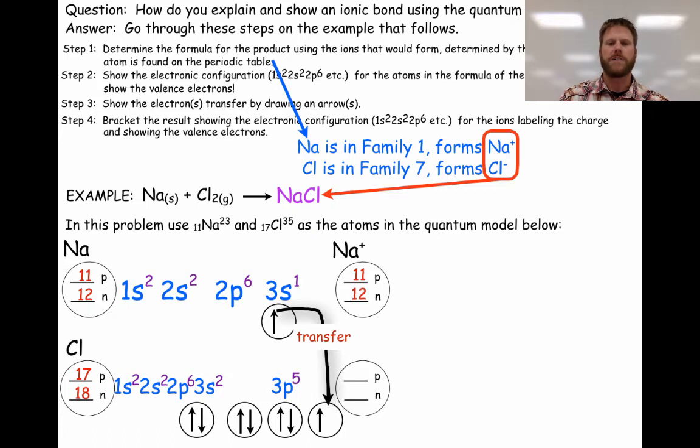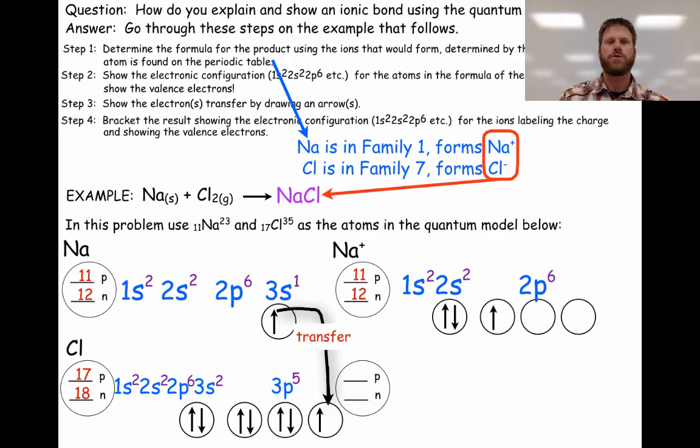Still 11 protons and 12 neutrons, but now our electron configuration is 1s2, 2s2, 2p6, and we have an outermost shell for this ion of n equals 2, and n equals 2 is completely full, a full outer shell of electrons.